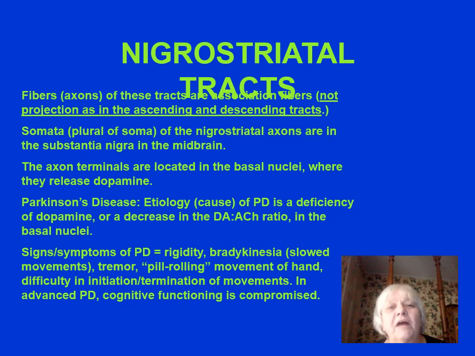I want to talk about the nigrostriatal tracts. This is one of your association tracts that are found totally in the brain, as opposed to projection tracts, which go from brain to spinal cord. And so the nigrostriatal tracts are very important because they help to coordinate all of these extrapyramidal tracts that are descending, that are the projection tracts. But at any rate, the cell bodies or the somata of these nigrostriatal axons are in the substantia nigra of the midbrain.